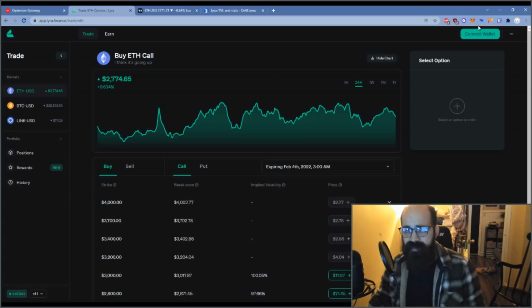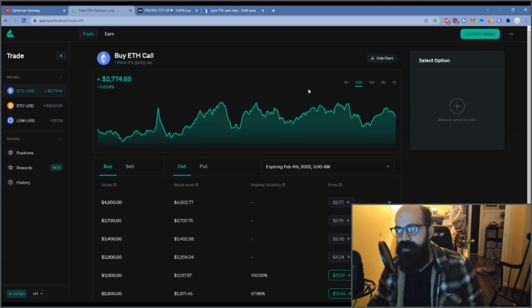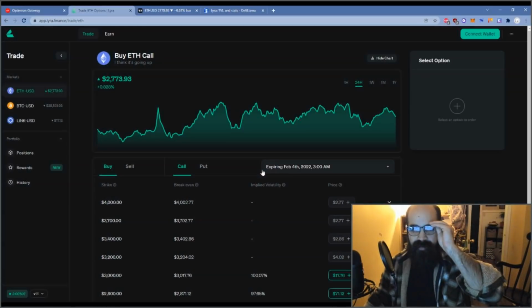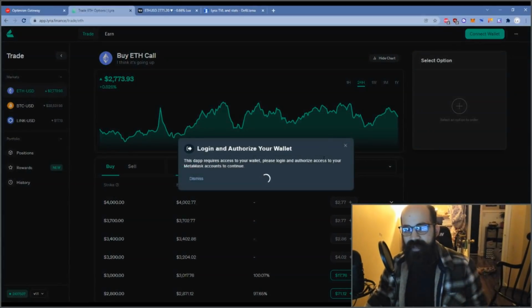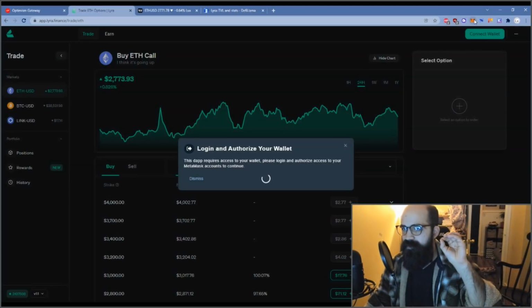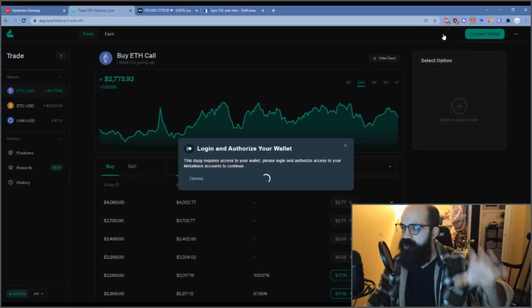If you don't have the Optimistic Ethereum network, one way to add that to your MetaMask is simply to go to this website, click Connect Wallet, click MetaMask, and then it will ask you if you want to add the Optimistic Ethereum network to your MetaMask.